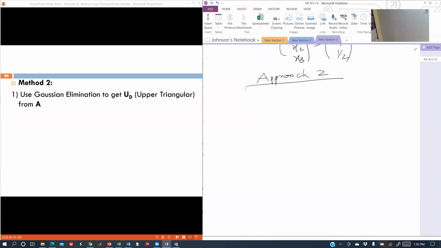So in approach 2, what do we know? From my Gaussian elimination video, we have learned how to find the upper triangular matrix using Gaussian elimination. So we're going to use Gaussian elimination to get the upper triangular matrix of the Doolittle.